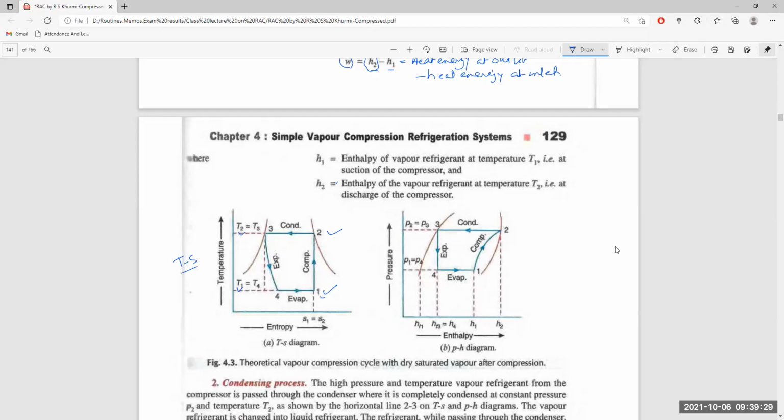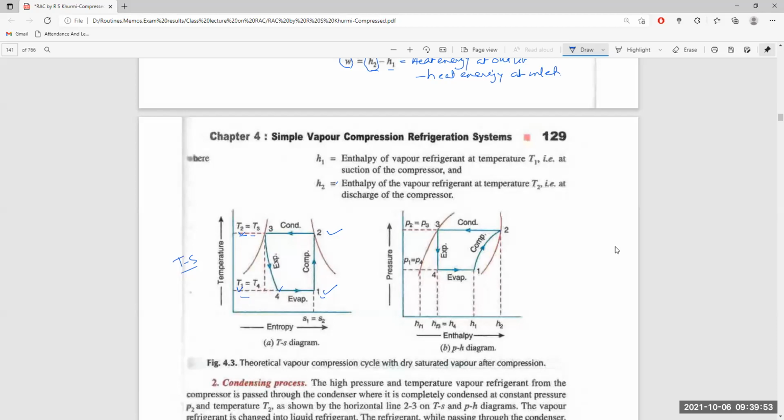This is the low temperature level of your system, T1, which is equal to T4, and this is the high temperature level, which is equal to T2 or T3. So it starts at point 1 and reaches point 2 at the compressor.